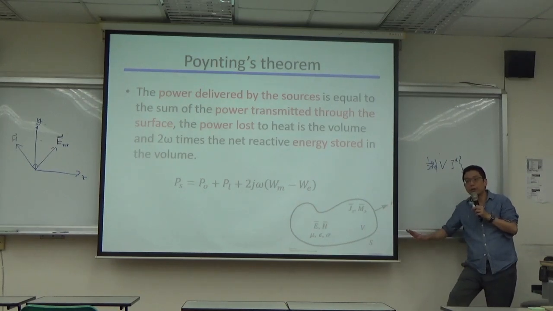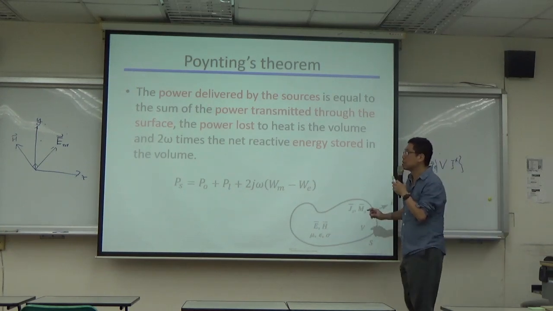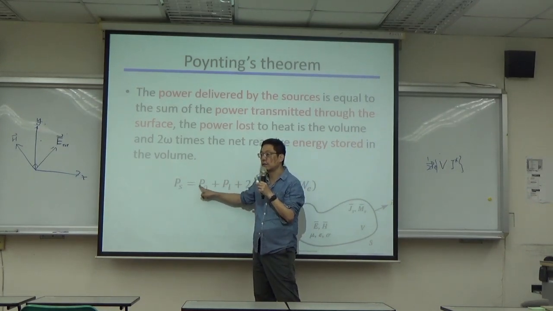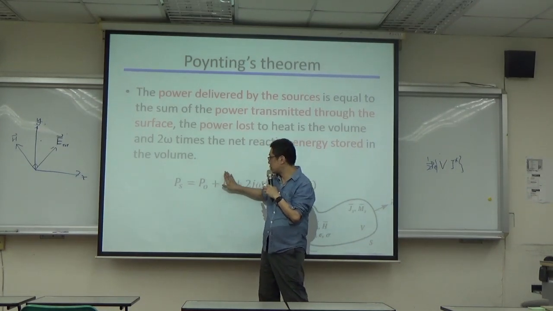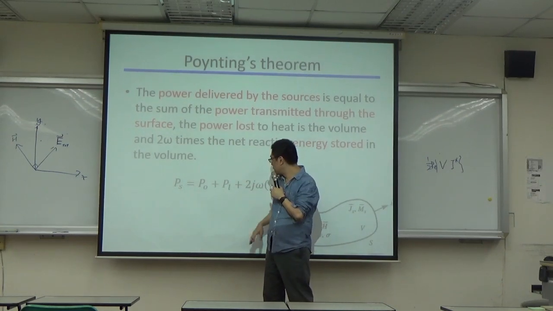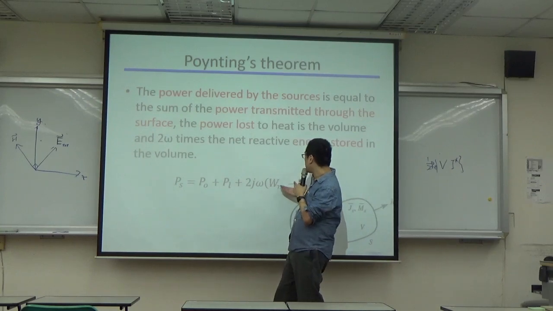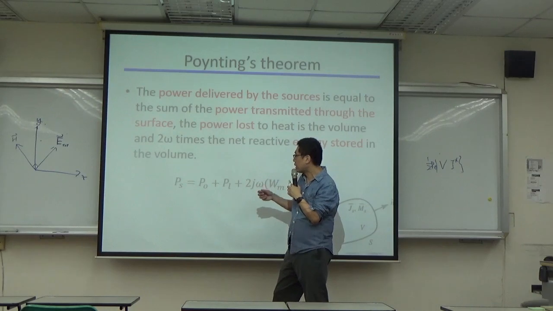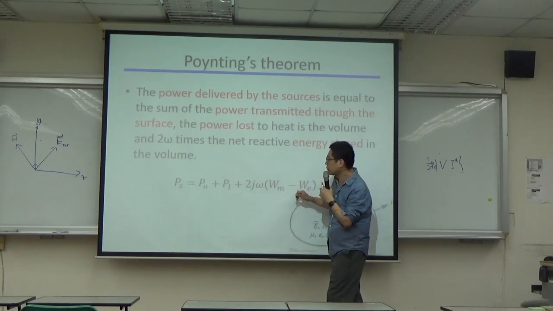This one won't show up in the midterm because I don't know how to ask you a question. There are derivations, but I want to show you because this is important, especially PO. If it is lossless, you don't have this loss part, and we still have some energy stored in the electric field and magnetic field.